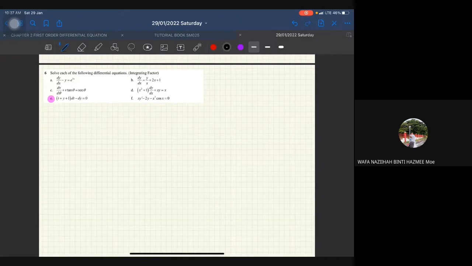Okay, so we will use a technique we call SIMPI. So, its short name is SIMPI, S-I-M-P-I. Okay, so S is standard form. I is integrating factor.